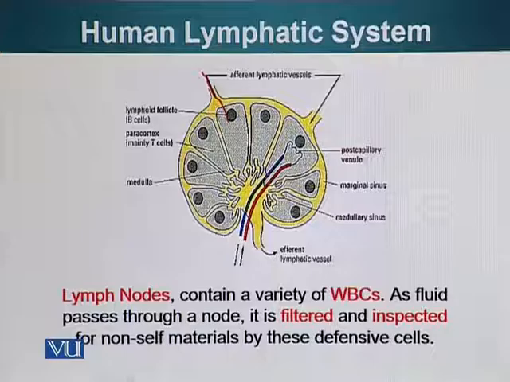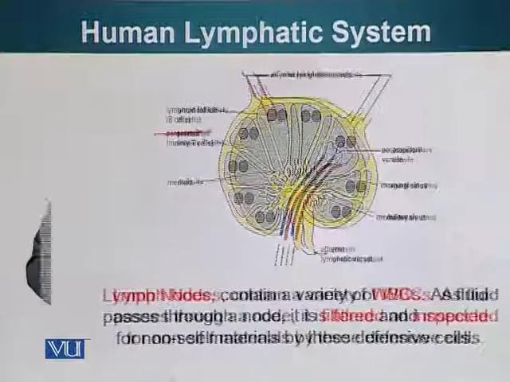For example, in lymphoid follicle area of the lymph node, the B cells reside, and the T cells are primarily present in the cortex. And when the lymphatic fluid comes in, these cells do their job, which is to inspect the contents of the lymph. So it is filtered and inspected. Okay, so this is the structure of lymph node.